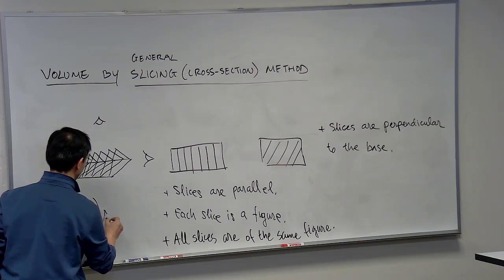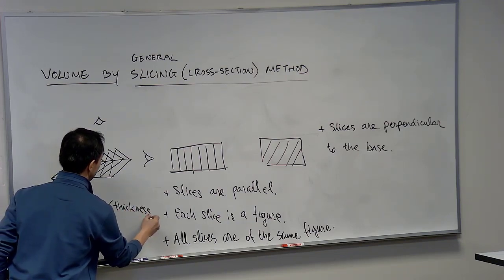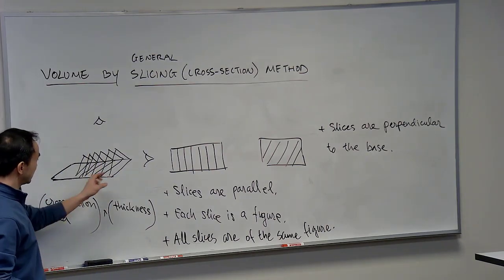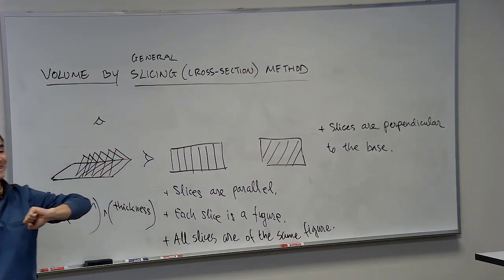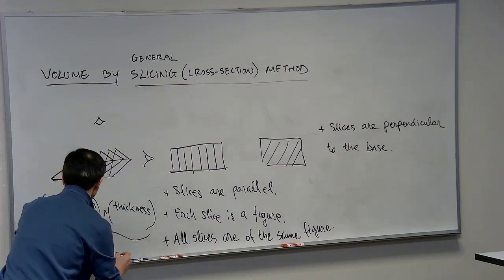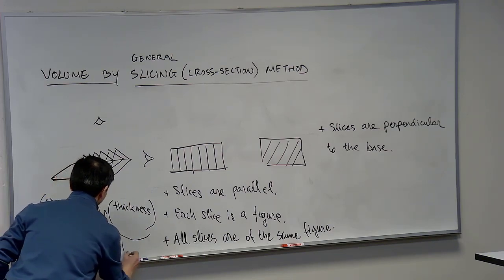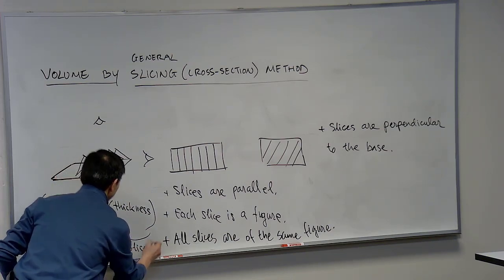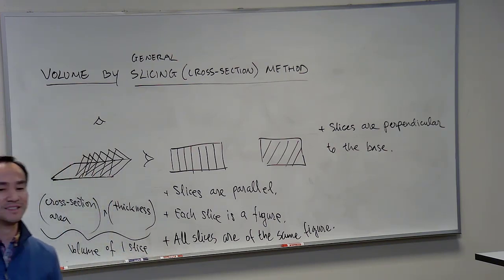You multiply that with the thickness. What does that give us? It gives us the volume for one slice, for one cross section. See what I'm saying now? So all this here is the volume of one slice, with some thickness.